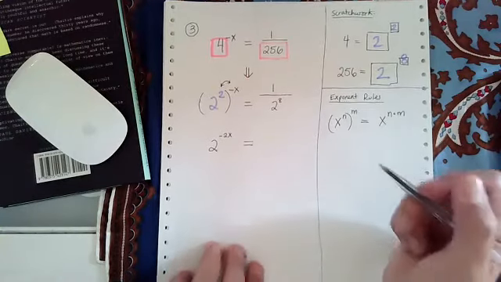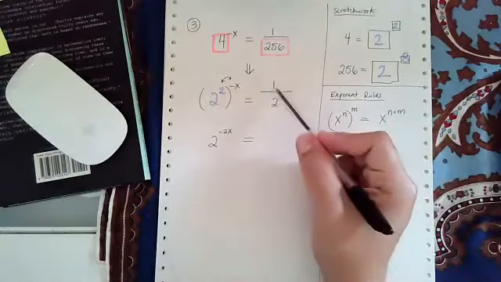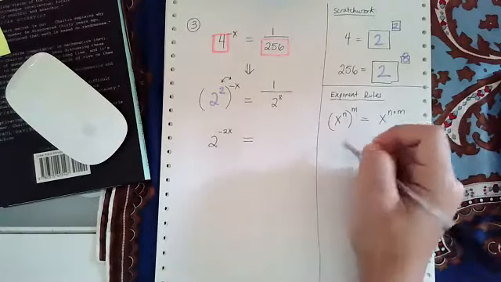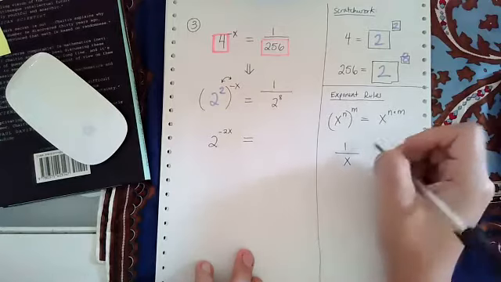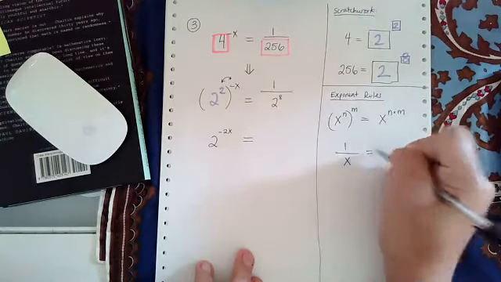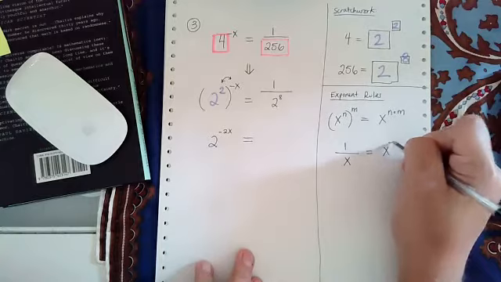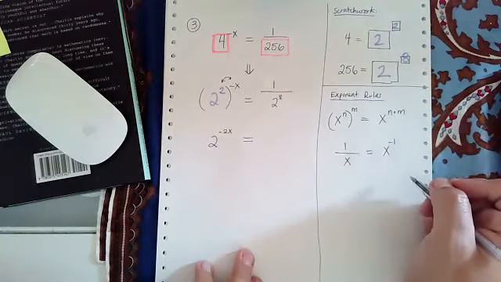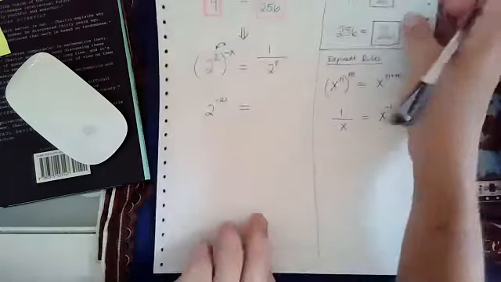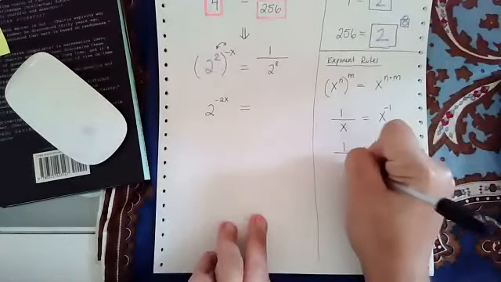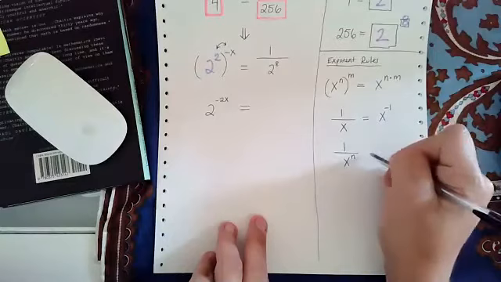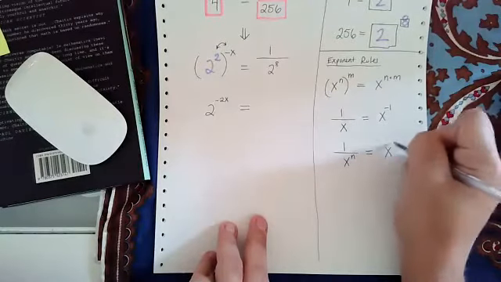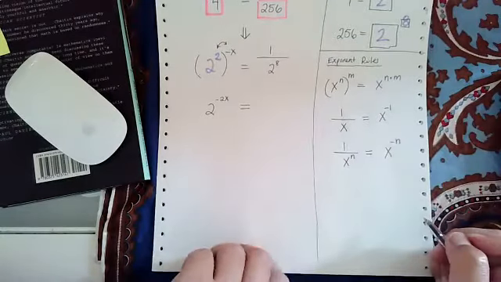The other rule that's super useful, especially when you have fractions, is that if you have 1 over x, you can write that as x to the negative 1 power. But more generally, if you have 1 over x to some power, let's say n, then you could rewrite this as x to the negative n power.